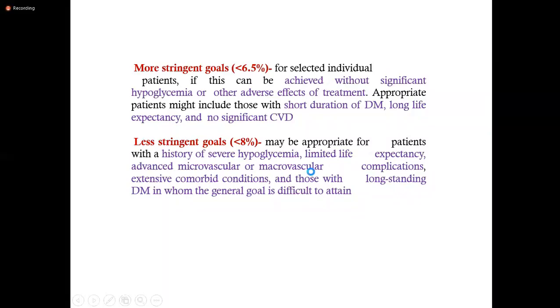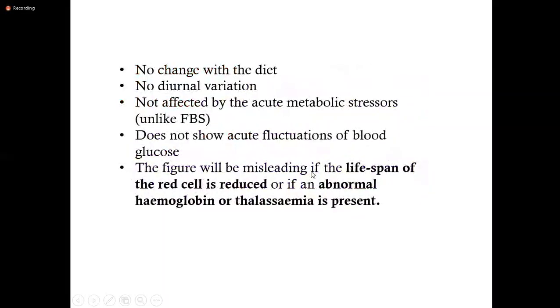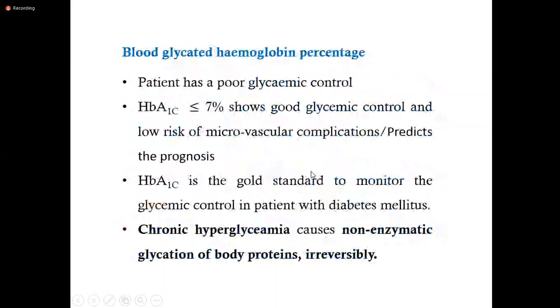But if you answer with these facts, you will be scoring almost the full mark. Only 1 or 2 will be lost if you don't mention the less stringent and more stringent control.